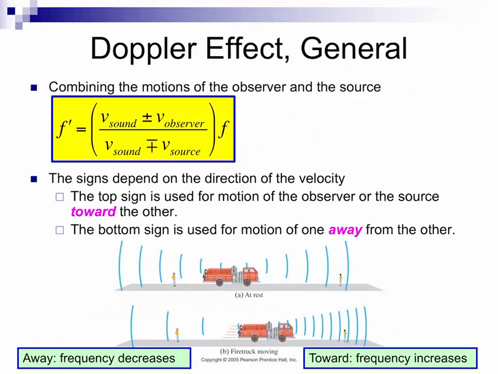So this F prime here, you read this as prime, but we can just put new frequency is equal to the old frequency when the observer and source are stationary times this whole term in the bracket that takes into account the movement of the source and the observer.